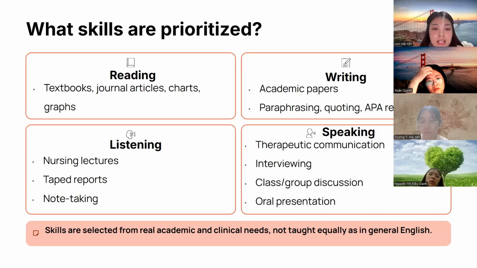Listening is prioritized through nursing lectures, taped reports, and note-taking practice. And last but not least, speaking is significant because students need therapeutic communication, interviewing skills, participation in class, and group discussions. Also, confidence in oral presentations.